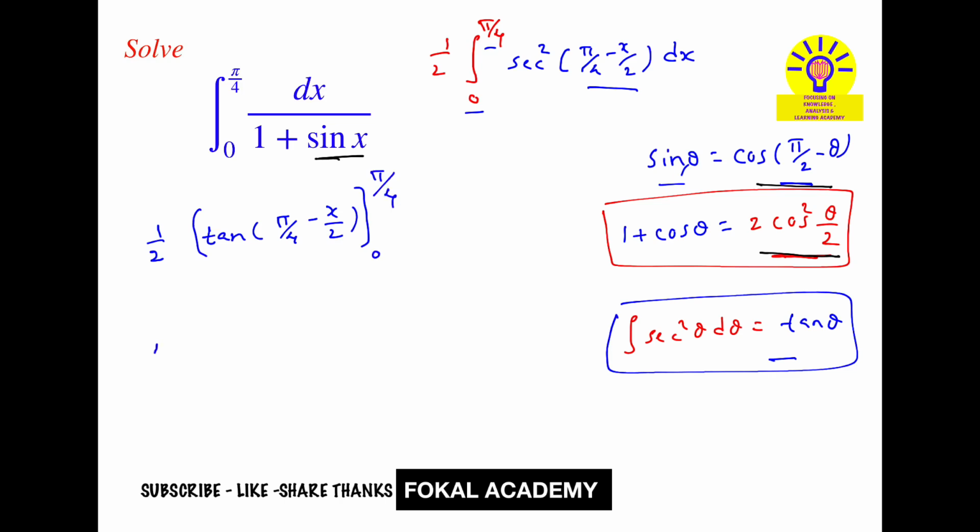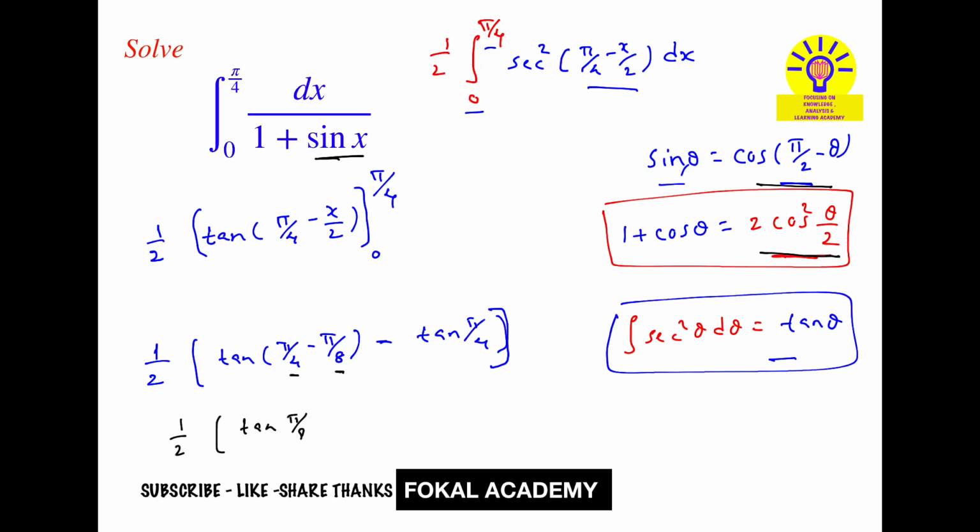So it becomes half of tan of pi by 4 minus pi by 8, and substituting 0, it becomes tan of pi by 4. It becomes half of, pi by 4 minus pi by 4 is nothing but pi by 8 only. It is tan pi by 8 minus tan pi by 4.